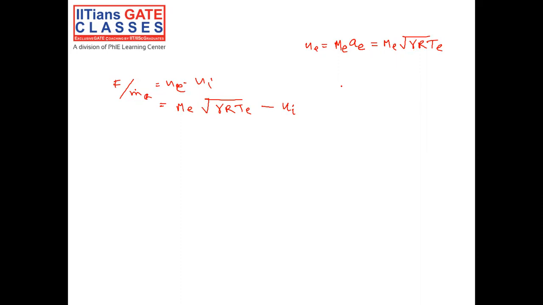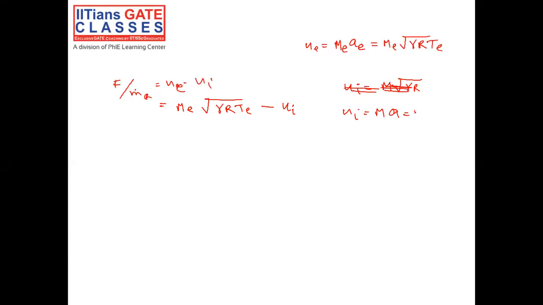So this ui can be written as M into a, where M is the Mach number at which the flow is entering the engine, which means the Mach number at which the aircraft is flying, multiplied by a, the speed of sound at the entry of the engine.